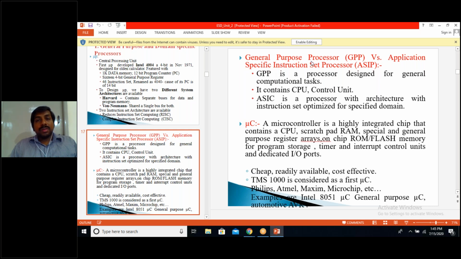So general purpose processors versus application specific processors. What does general purpose mean? Some applications like electronic toys, you can use a processor to do some task. It contains a CPU, control unit, and memory. But some applications like air traffic control systems and missile systems require some specific design.